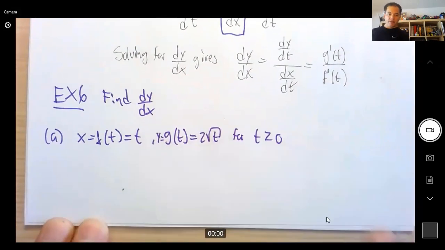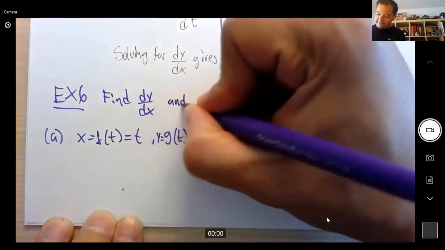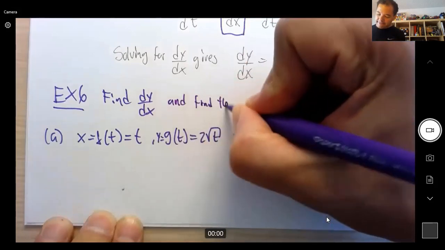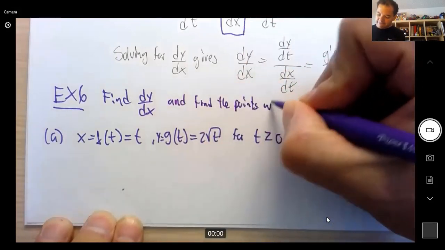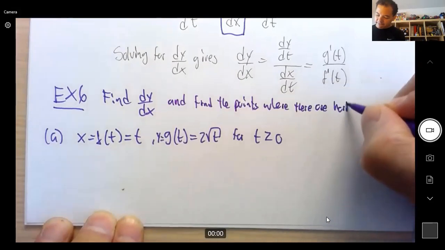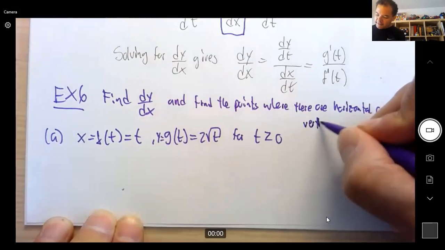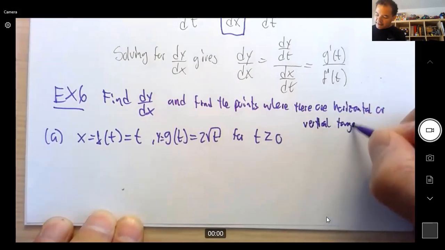All right. So what is this one? Oh, and there's more. It says find dy dx and find the points where there are horizontal or vertical tangent lines.